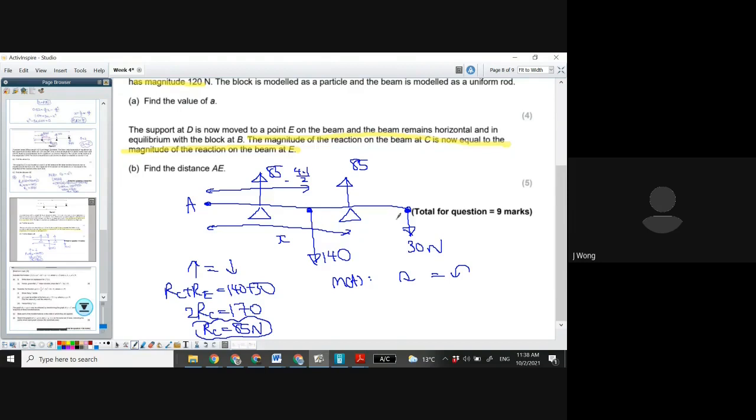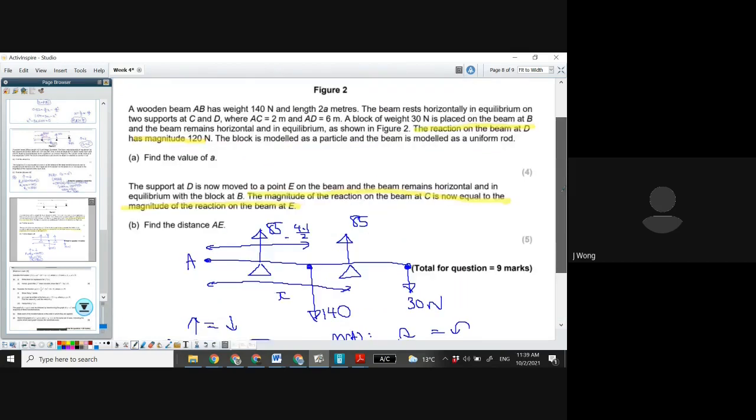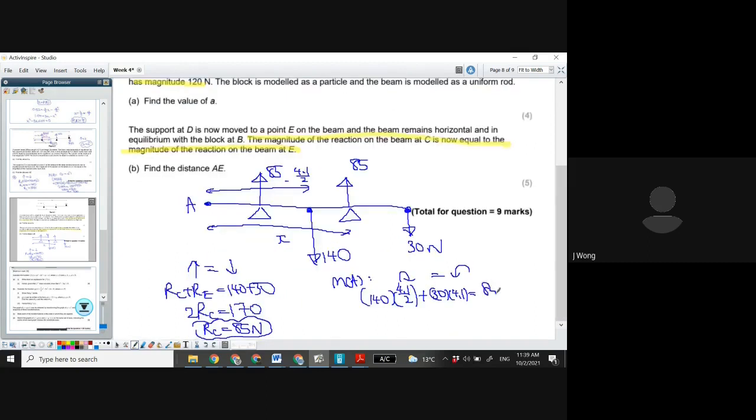So again, 140 and 30 will generate the anti-clockwise moments. So that will be 140 multiplied by the distance of 4.1 divided by 2 plus 30 multiplied by 4.1 equals 85 multiplied by the distance of 2. That never changed. Equals, sorry, not equals, plus 85 times x this time.